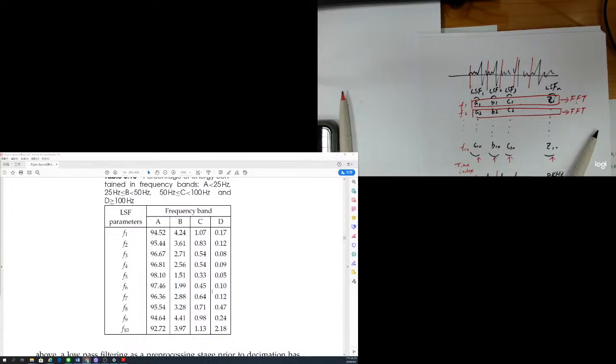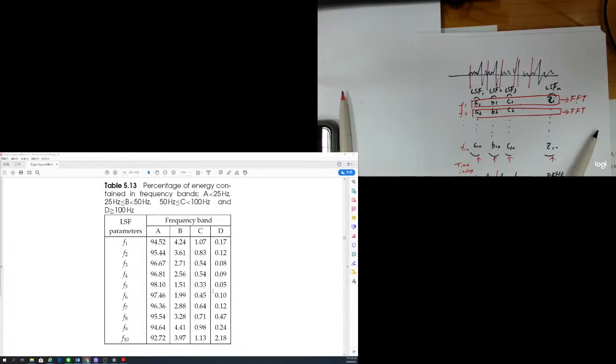Here, they tell you: A, below 25 hertz, what total energy is occupied, 94.52; and B, between 50 and 25 hertz, occupying a frequency like this one.